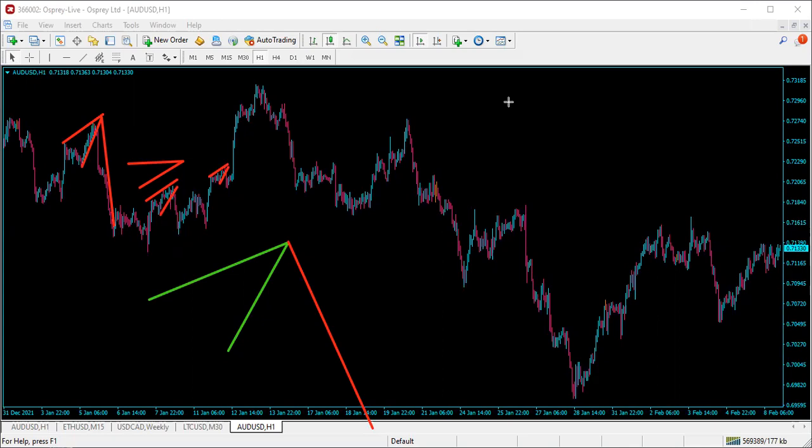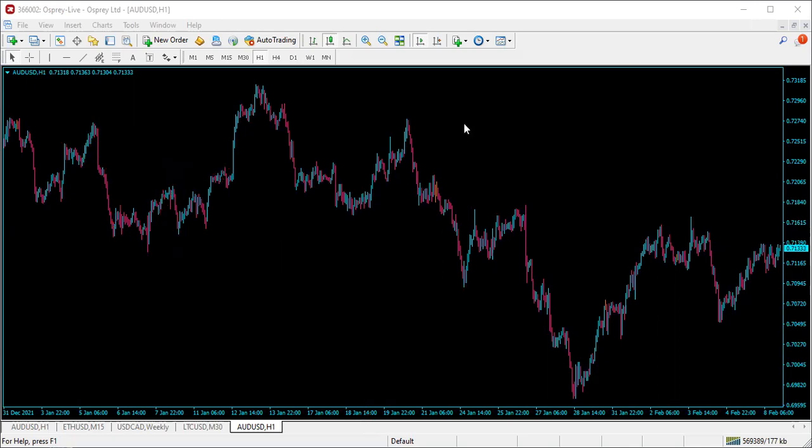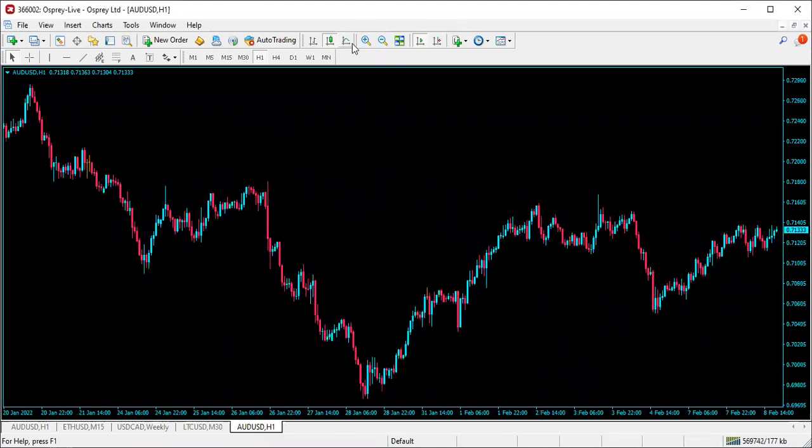Again, the easiest way to identify a rising or a falling wedge is to come out of your candle chart and go into your line chart.